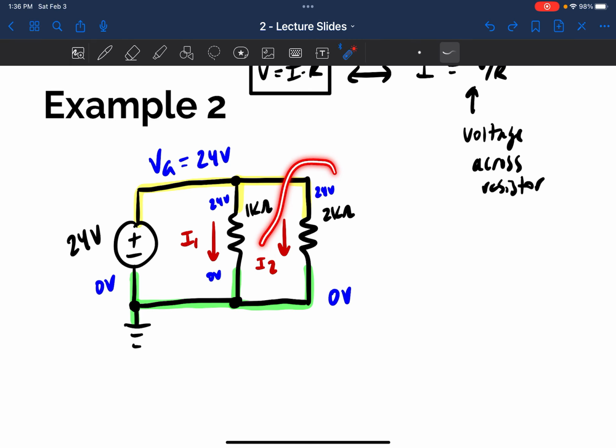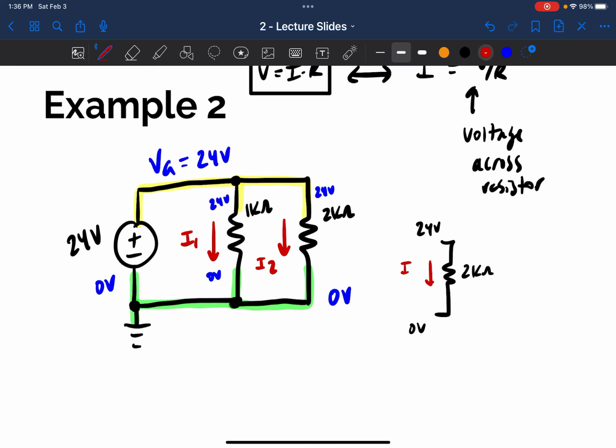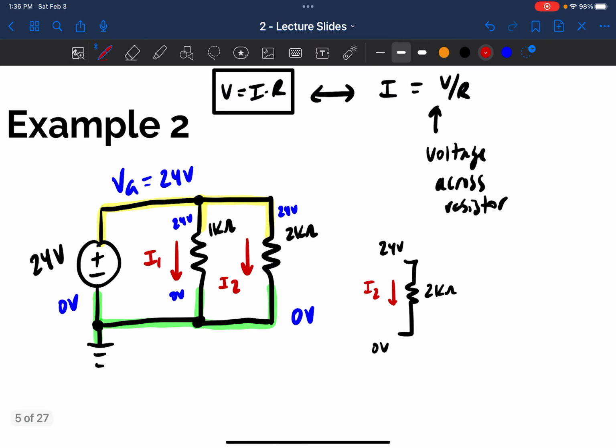So let's just look at this one first. I'll go ahead and draw it like I normally do. I'm sorry, let's go black. If I have my resistor, I know I have 24 volts here, 0 volts here, 2 kilo ohms, and I'm trying to find I2 in this case. I should just be able to use Ohm's law.